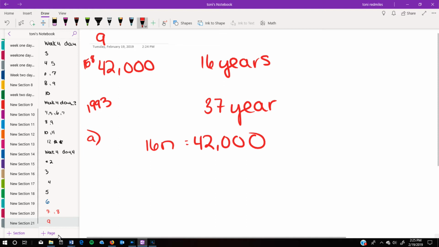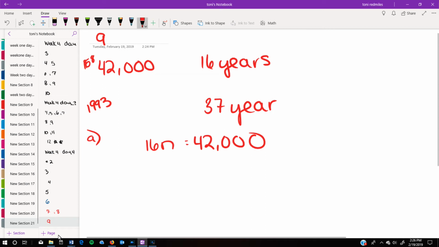So the variable is going to depend on the amount of years. I have to take the amount of years and multiply it by the amount each year that we build to get 42,000.